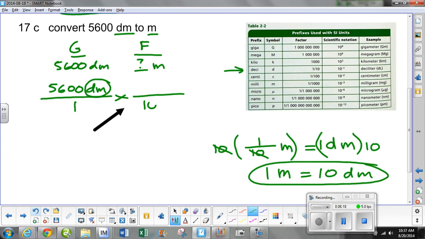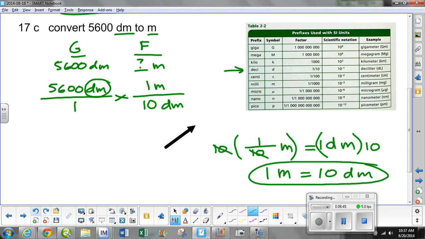So I take this side of the fraction, the 10 decimeters, and I put it on the bottom. On the top we have 1 meter. This is the left side of the equality, and that's on the top, and the right side of the equality is sitting on the bottom.